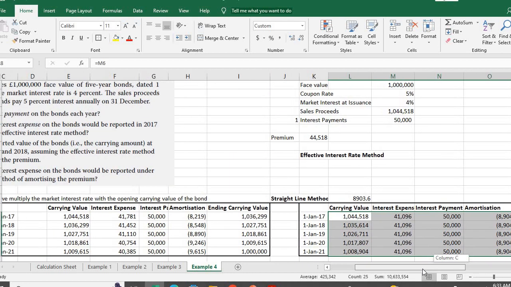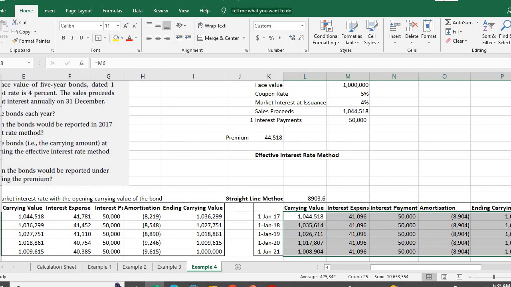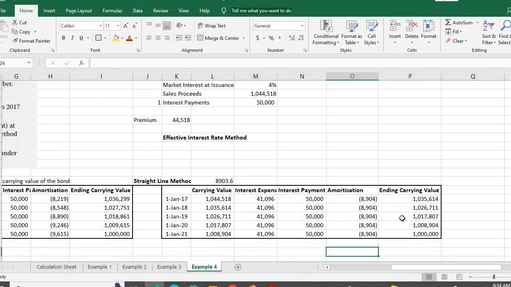Under the straight line method, we amortize the premium over the life of the bond, and it's done in a similar manner to straight line depreciation, and it reduces the carrying value of the premium bond by the same amount every year. In this case it was 8,904.